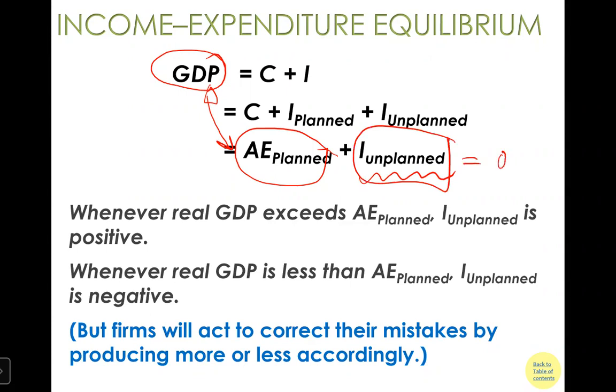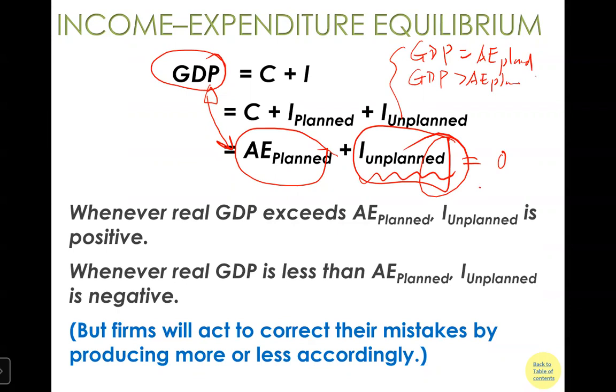Right? And also mathematically, there are two possibilities, right? Actually 3. Okay, so if GDP equals planned aggregate expenditure, then this equals 0. If GDP is greater than planned aggregate expenditure, that means the I unplanned is positive.